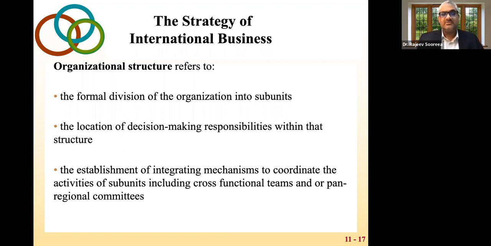Org structure also refers to the establishment of integrating mechanisms to coordinate the activities of subunits, including cross-functional teams and also regional committees or pan-regional committees. So what are the different mechanisms that coordinate things together? Between marketing and finance, do we have a connection between these two?